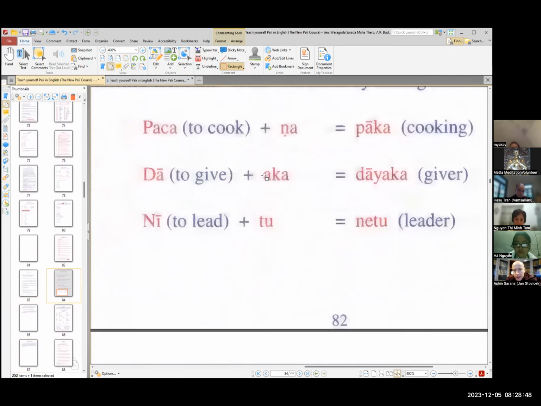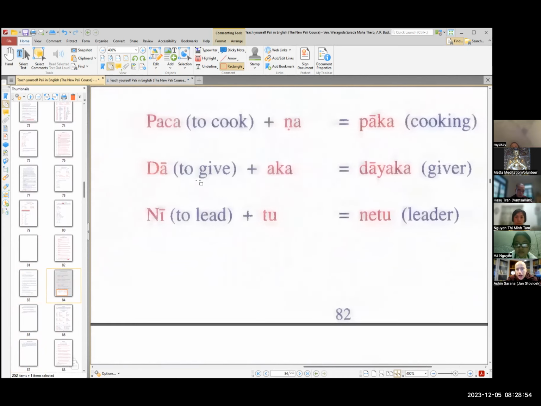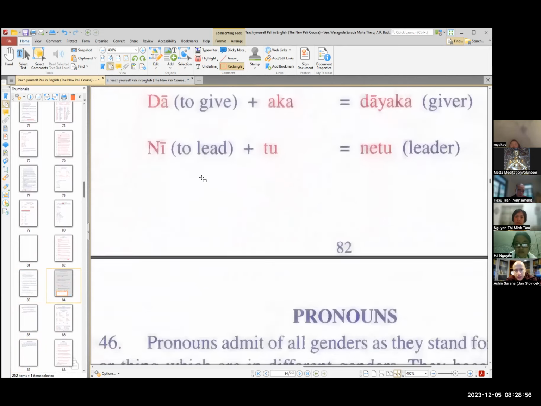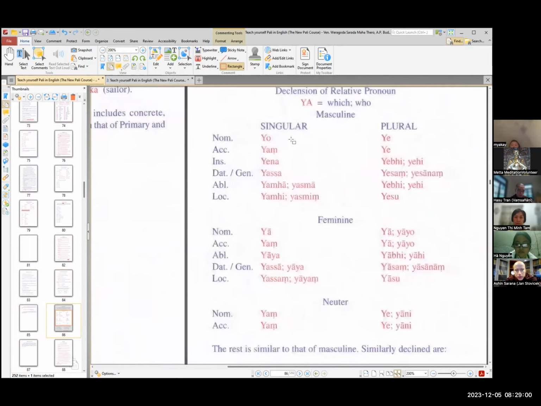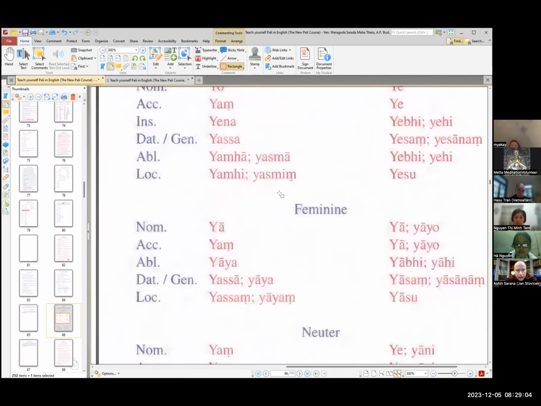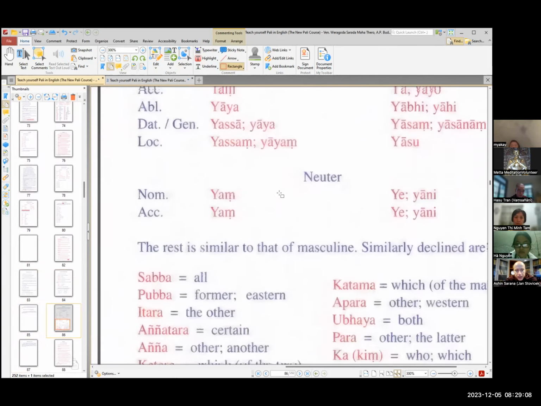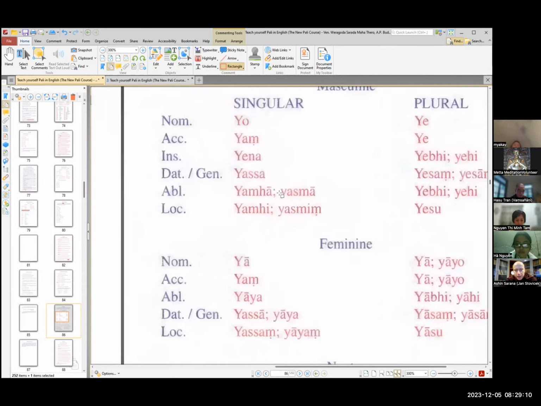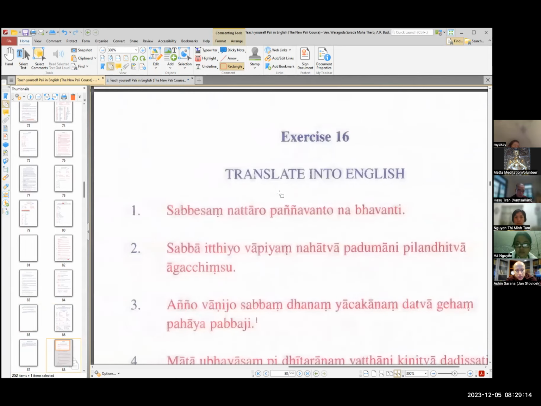So you will be learning etymology, and this etymology will be useful for you to better understand how the words are formed. So it's easier to remember them and to use them correctly. You will also learn how to decline yo, ya, and yam. They're very similar, so no worries. You have actually 3 declensions here at the same time. But they're actually very easy, very simple. I found them very easy to learn.